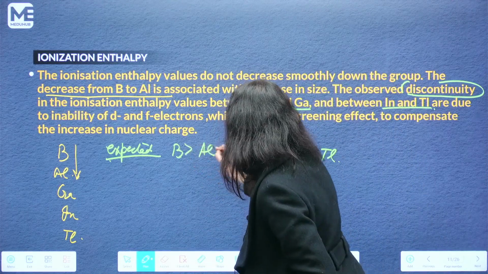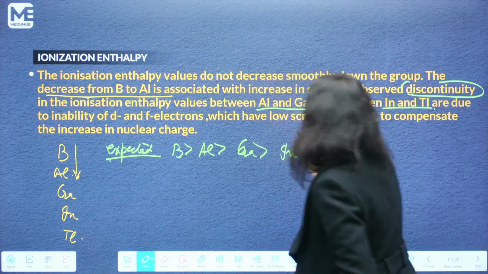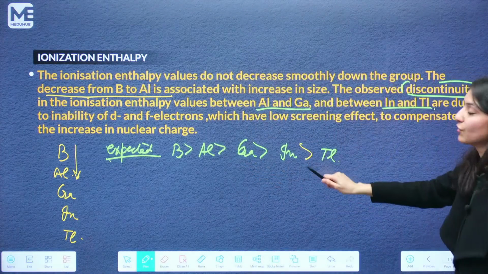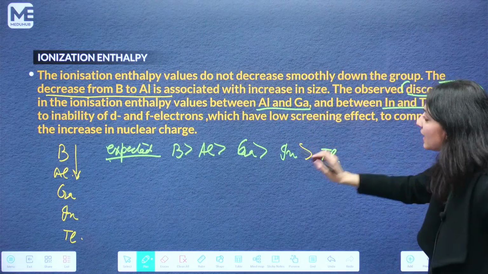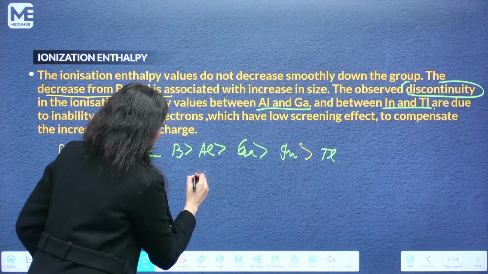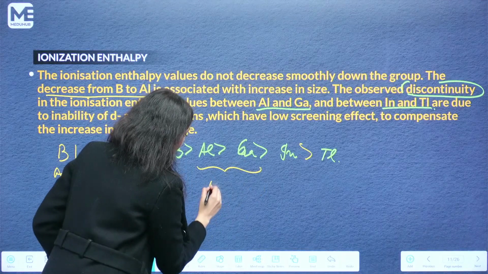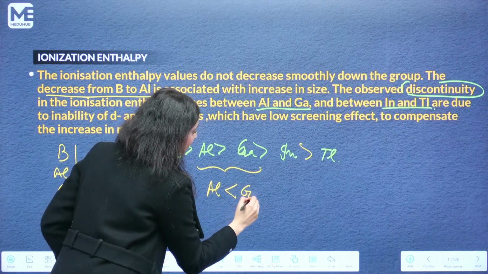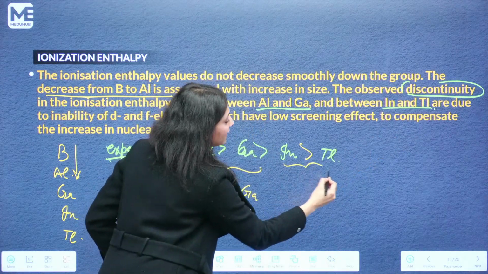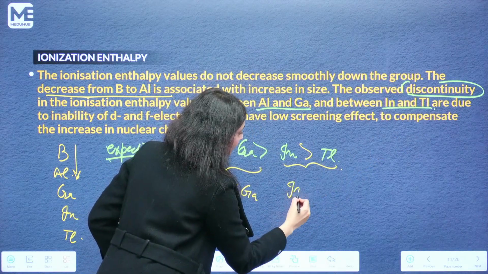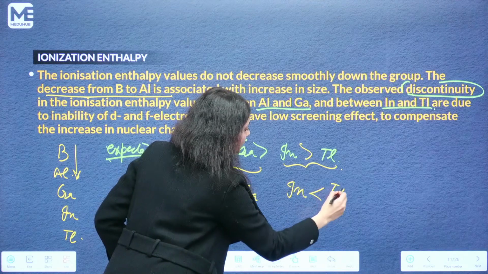This should have the largest. This is the expected trend. This does not happen. Again, there are exceptions here. Now, between aluminium and gallium, what happens? Ionization energy of aluminium is less than that of gallium, and between indium and thallium, the ionization energy of indium is again less than that of thallium.